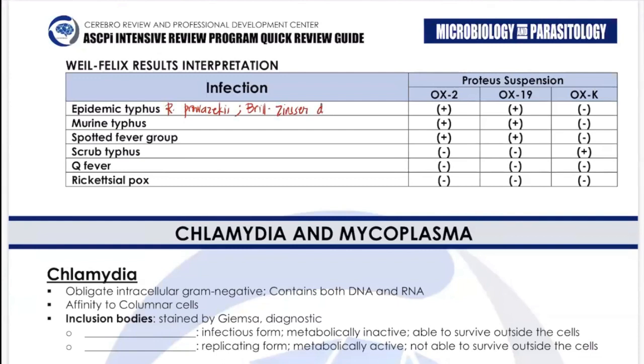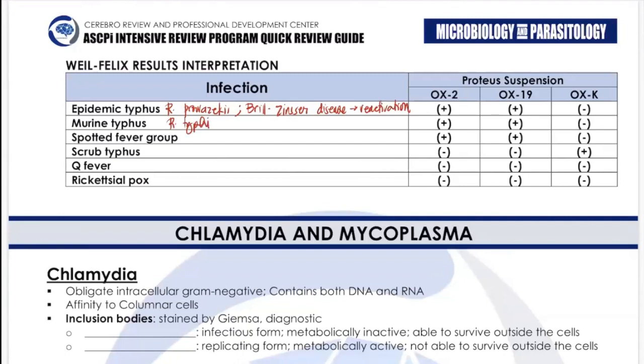The Brill-Zinsser disease, which is actually a reactivation only. This is a reactivation of the latent infection of Rickettsia prowazekii. Then we have murine typhus, which is caused by Rickettsia typhi.